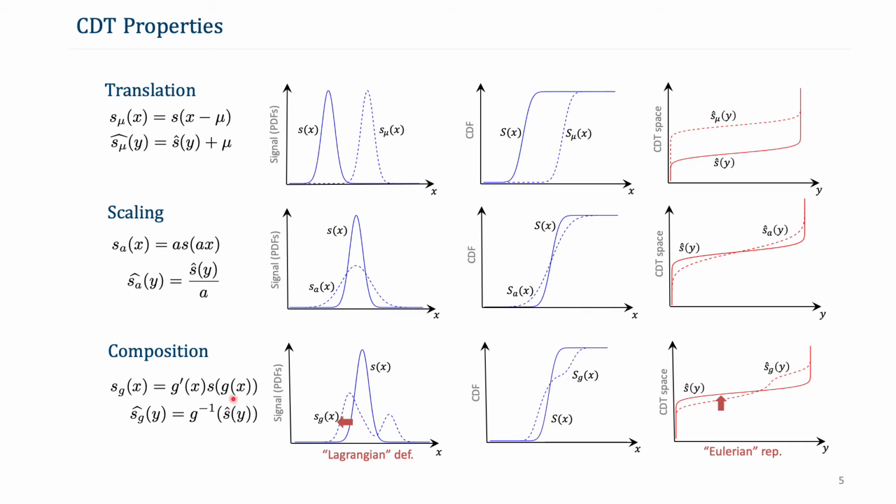And this modification, borrowing the partial differential equation nomenclature, is Lagrangian in nature. It pushes particles along the coordinates of the independent variable, right? This is the modification in the original signal domain. This becomes an Eulerian modification in that now they essentially become amplitude modulations in the transform domain.